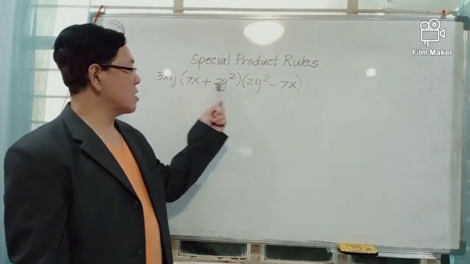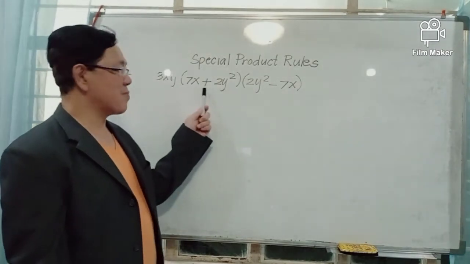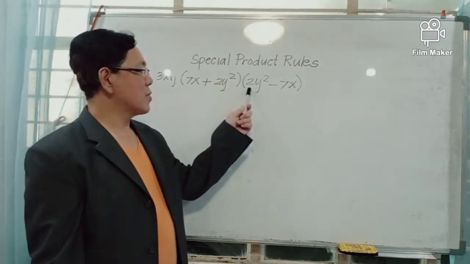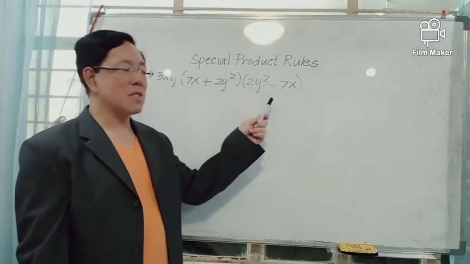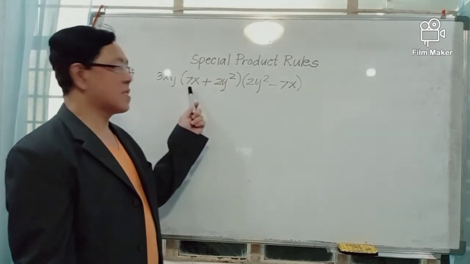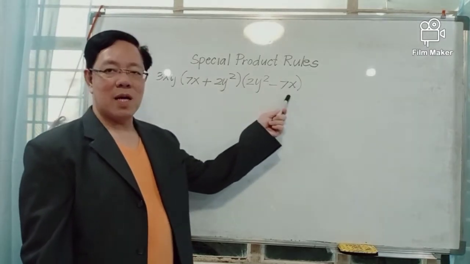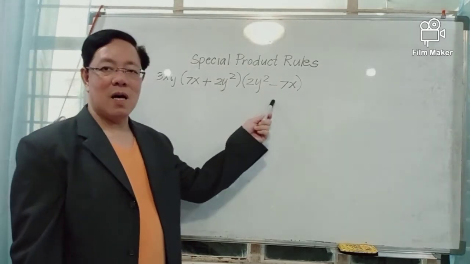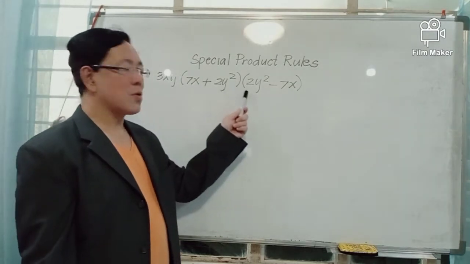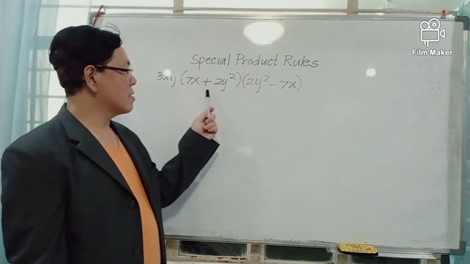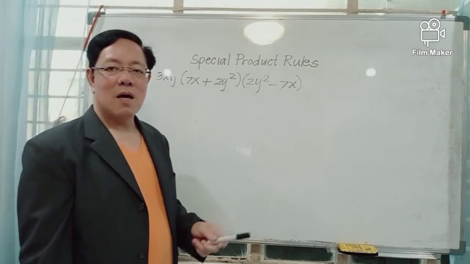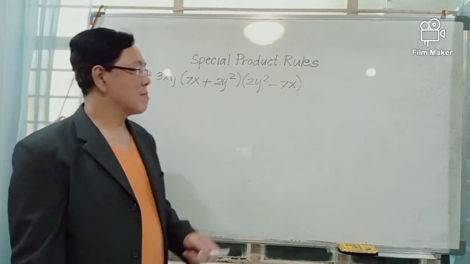By inspection of these two binomials, you can see that both binomials have 7x. Both binomials have 2y squared. But these two terms are not in the same order.